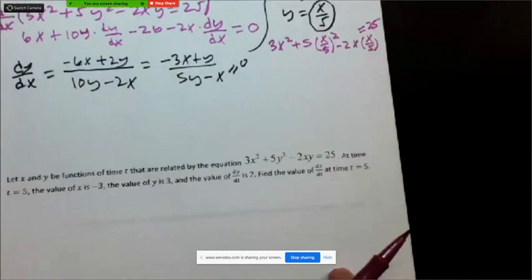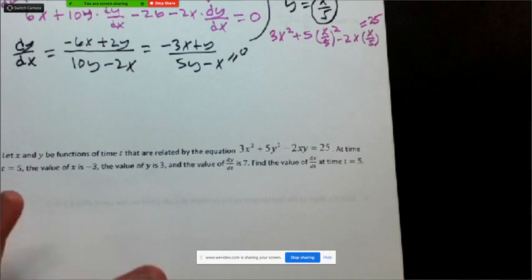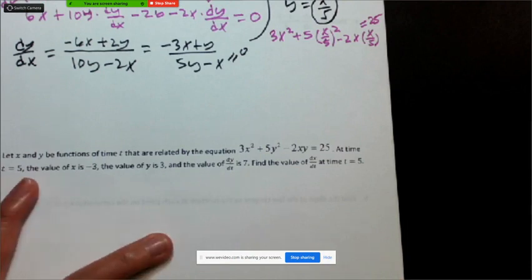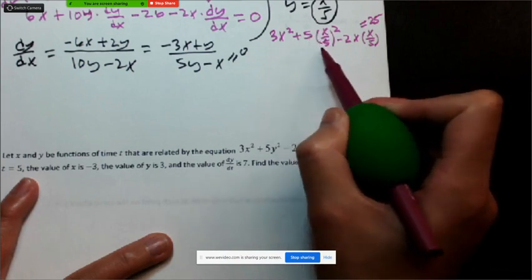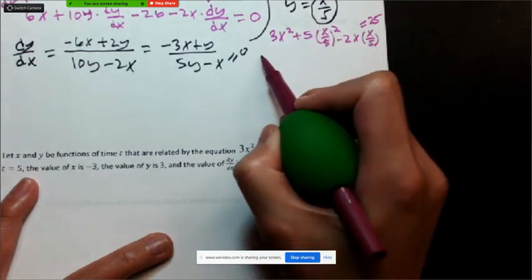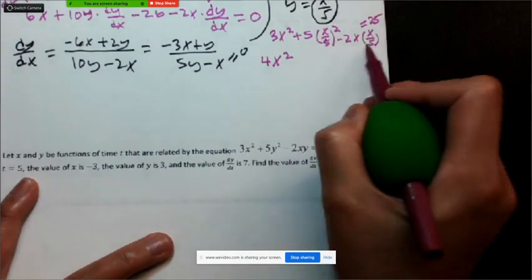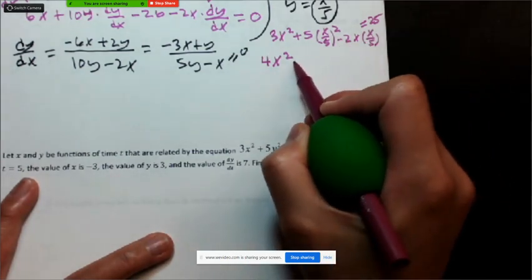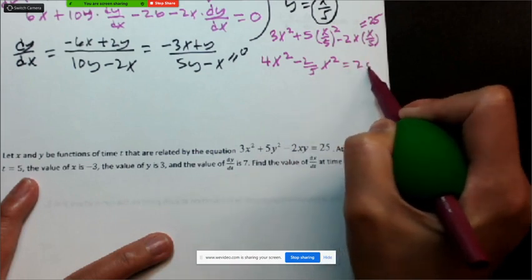Okay, let me go ahead and move this one up. Everybody listen. Would you agree 5 over 5 is 1? So if I combine like terms, 3x squared plus 1x squared is how many? 4x squared. And then I'm going to multiply the negative 2x. Minus 2 fifths x squared is equal to 25.